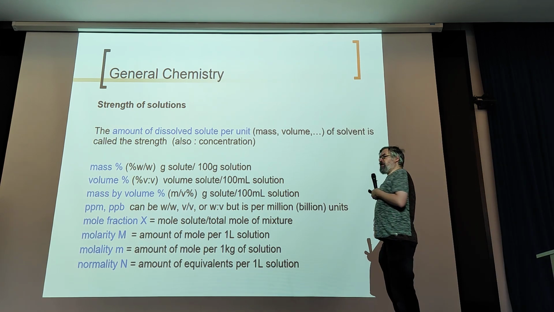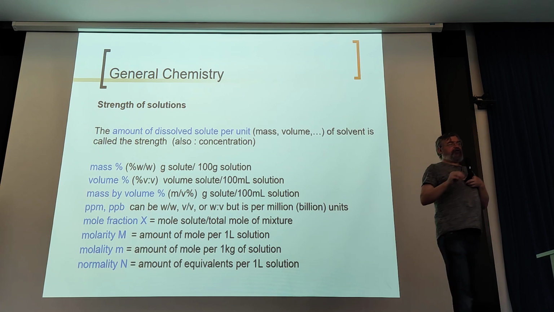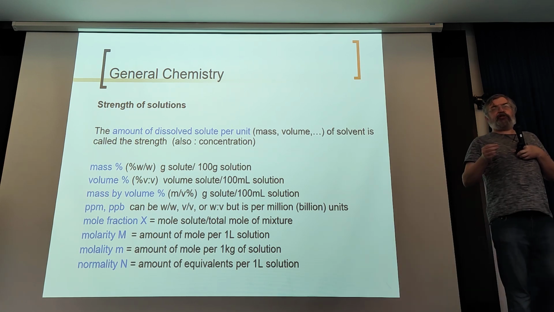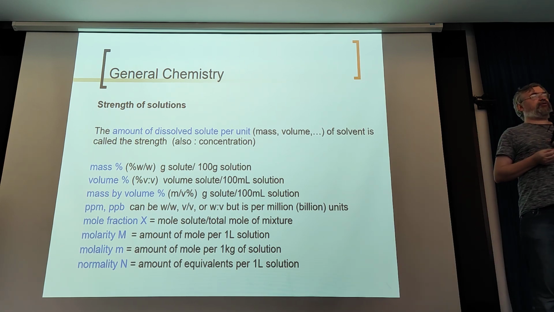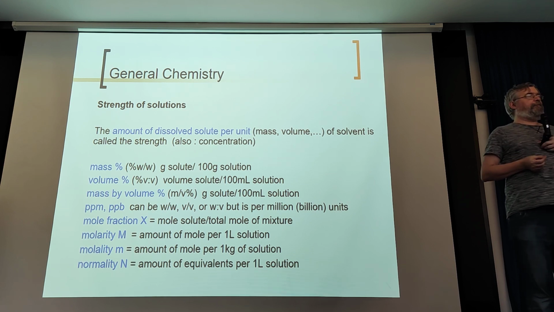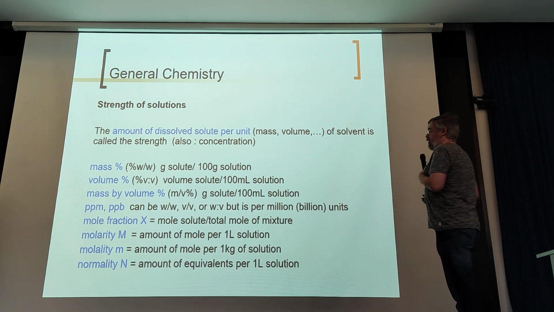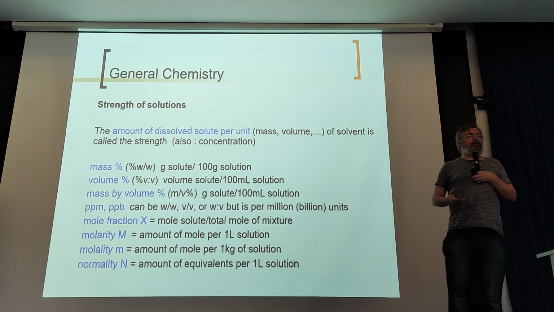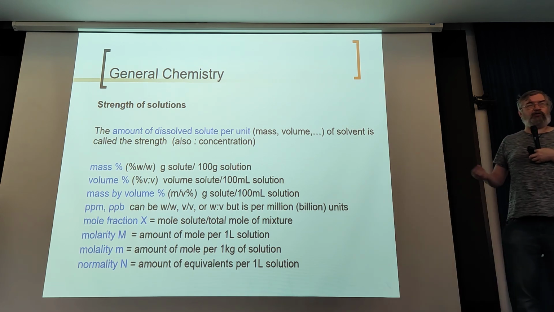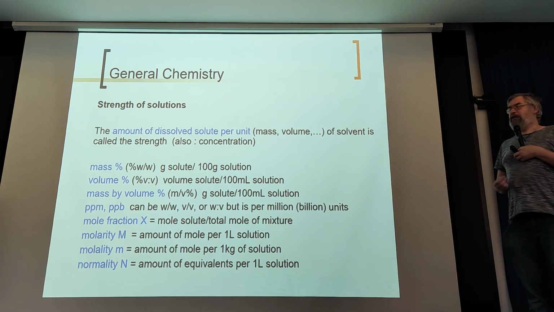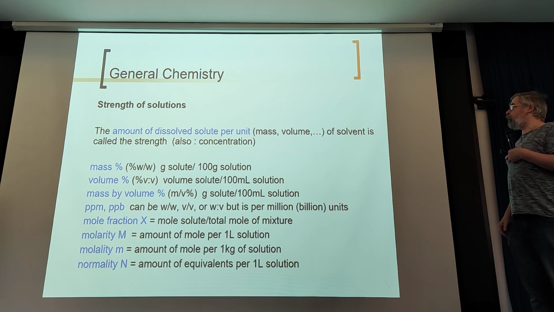Now, if you want to express very, very low concentrations, maybe of a very toxic substance or toxic gas, then we use ppm or ppb. It means parts per million or per billion. So 10 to the 6th or 10 to the 9th units.